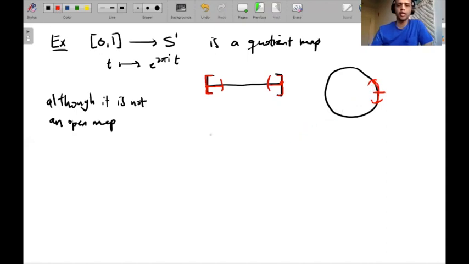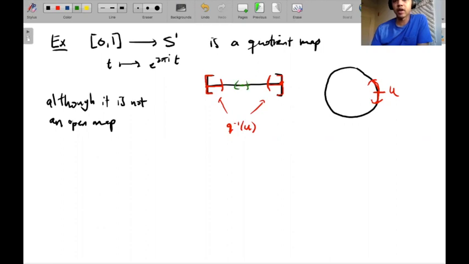Okay, so if this is U, then Q inverse of U is this set, and it's open in this interval 0, 1, and indeed its image is open here. This is the only place where something interesting happens.